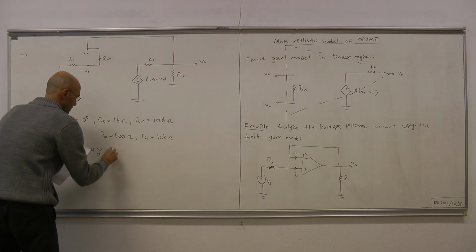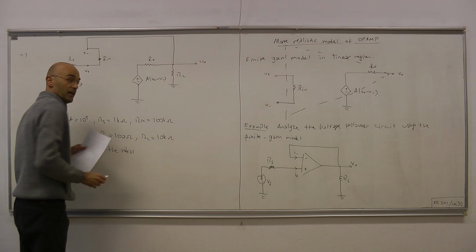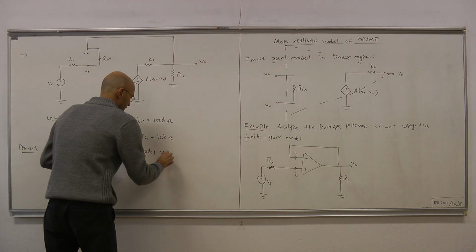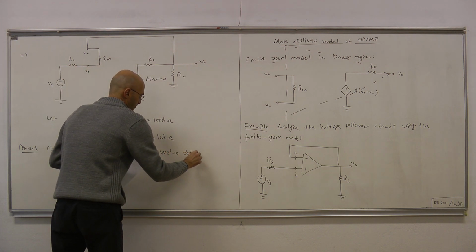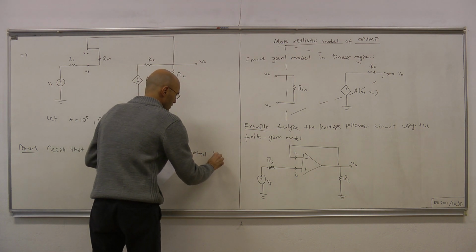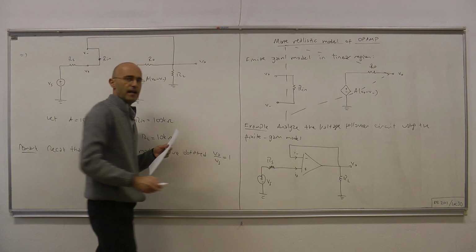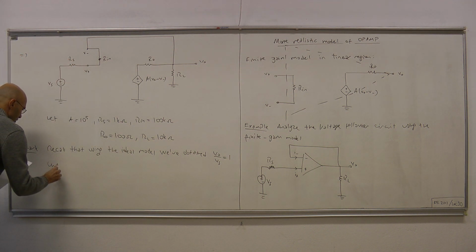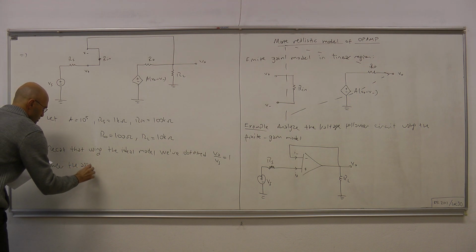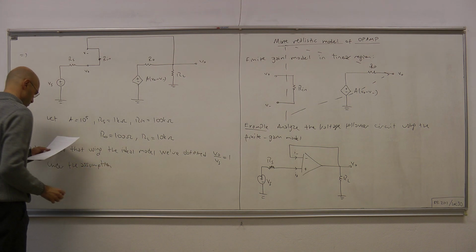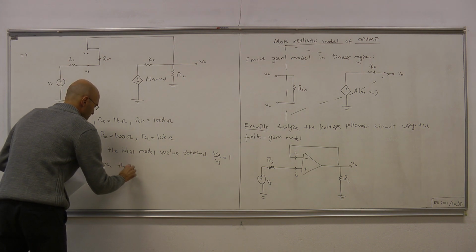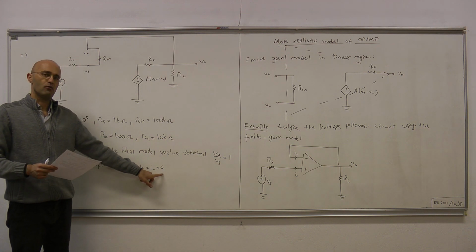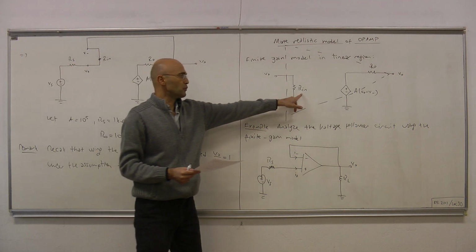Using the finite gain ideal model, we have earlier obtained VR over Vs exactly equals 1, under the assumption that I plus equals I minus equals 0, which follows from the assumption that input resistance is infinity.